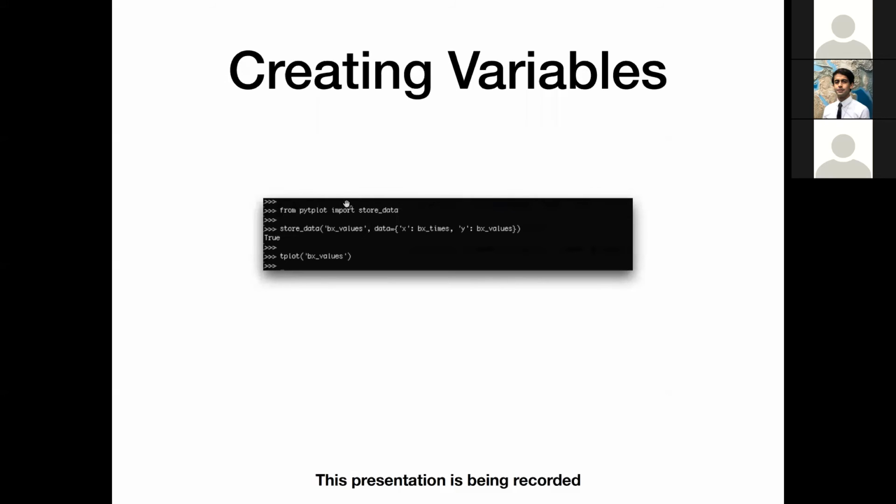And for creating variables, just like in IDL, we have store_data. So you just call from pytplot import store_data. And then the first argument in the store_data function is the variable name that you want to create.